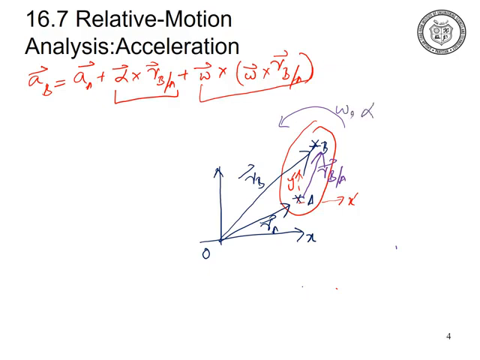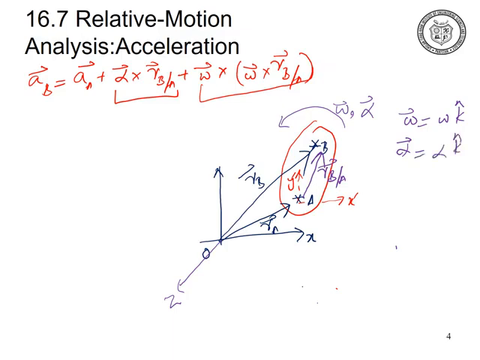So according to the right hand rule, curl your fingers in the anti-clockwise direction, and your thumb points in the direction of the omega vector and the alpha vector. Let us say the third direction is the z direction, which comes out from the slide. So in vector form, omega equals omega magnitude times k unit vector. Similarly, alpha is equal to alpha times k unit vector.